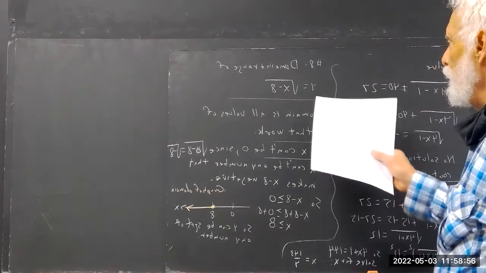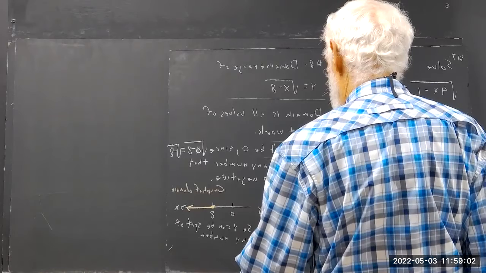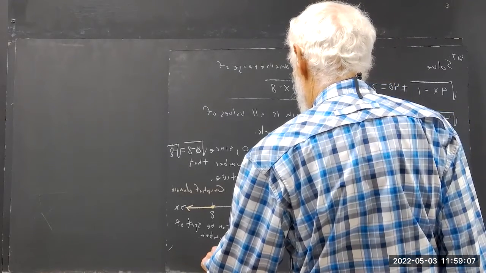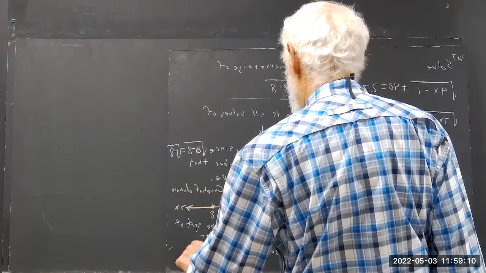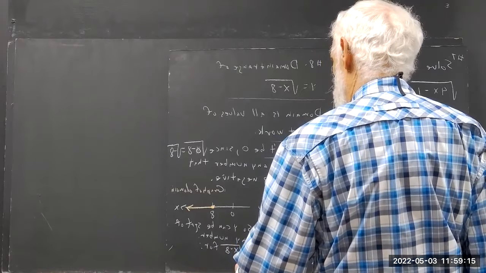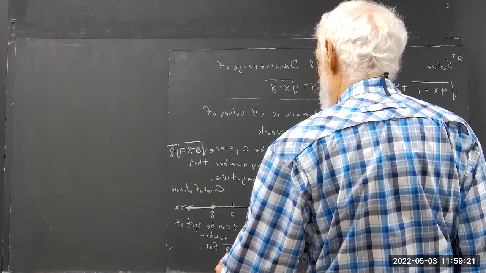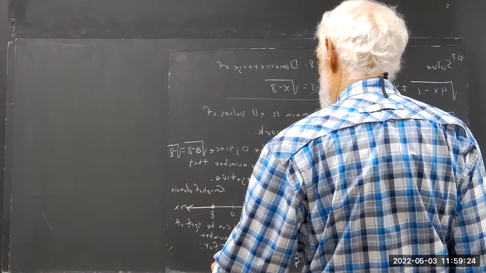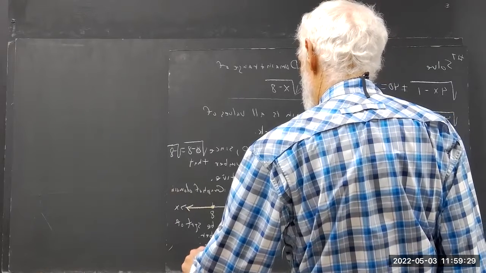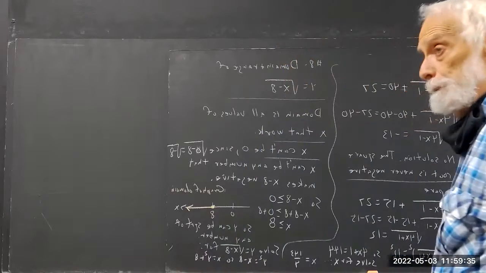Now, I can actually solve this for x. We square both sides, we get y squared equals x minus 8, so x equals y squared plus 8.